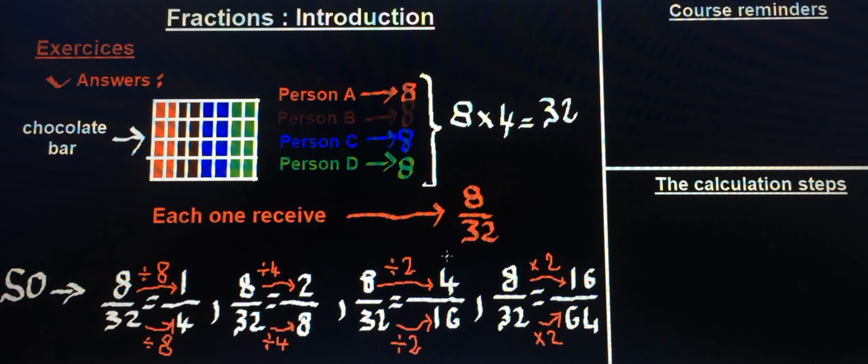For the fraction, each one receives 8 out of 32. So, for the equivalent fractions, we can divide by 8, 4, 2, or multiply by 2, or any other equivalent where the numerator and the denominator have been multiplied or divided by the same number.